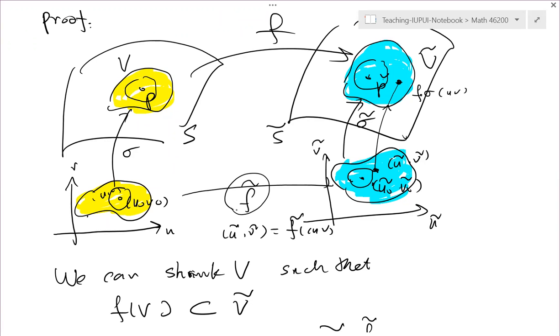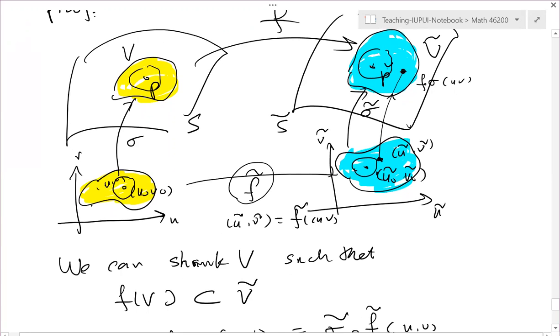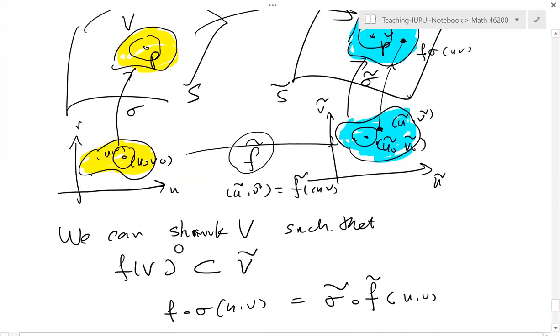So the idea is I translate everything on the surface to something on the domain, and so you can solve the problem because we can use calculus and differentiable functions in the domain, in Euclidean space.